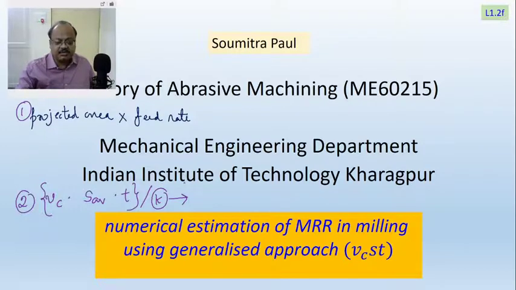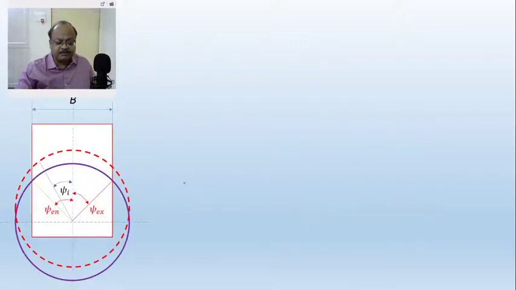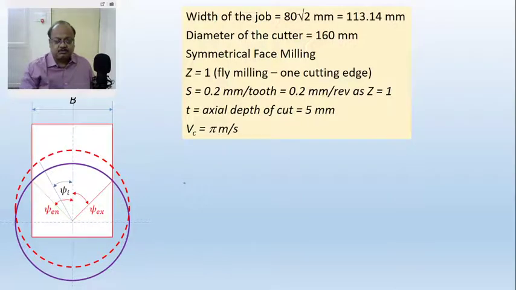Let us have a look at the problem statement. So here you have a job. The width of the job B is 80 into √2 millimeter, which comes out to be 113.14. But while doing calculation, assume it to be 80 √2. Diameter of the cutter is 160 millimeters.